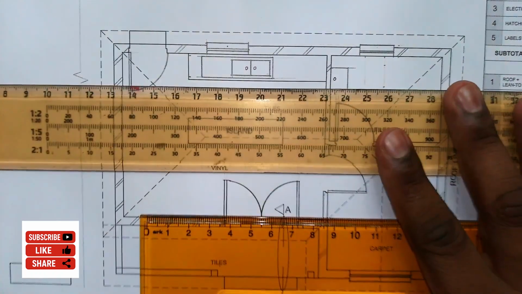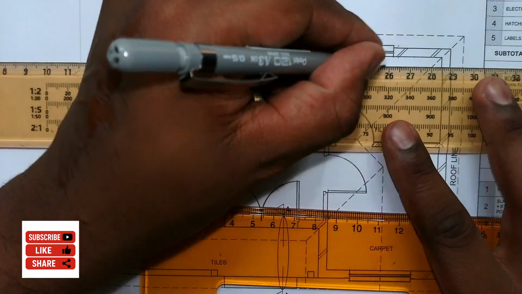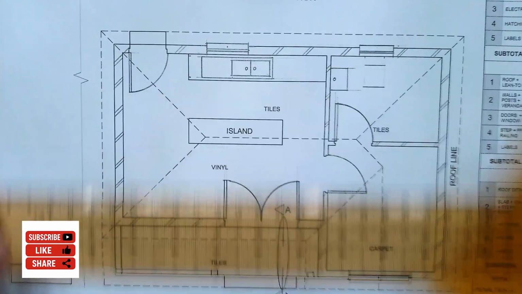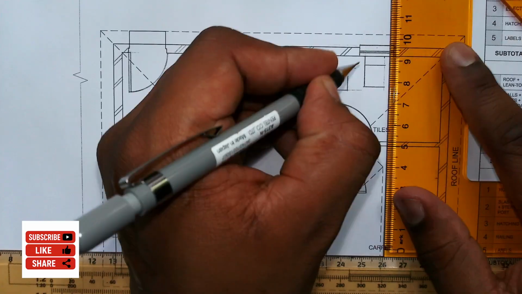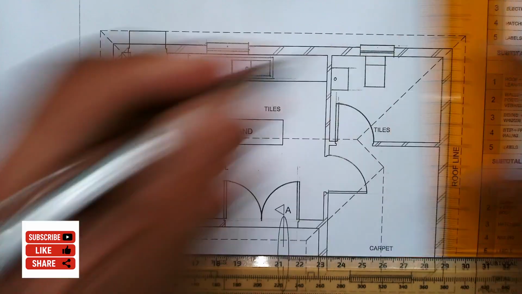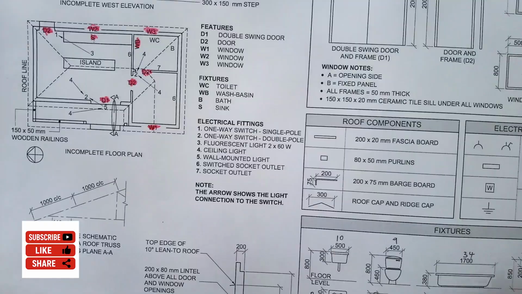Then I'll draw a line there, a line there, then I complete my symbol by drawing an outline there, an outline there. So this is the water closet. I'm done with the water closet.